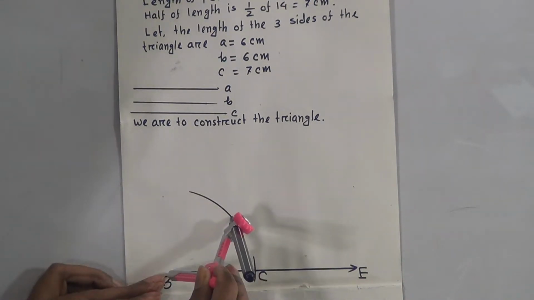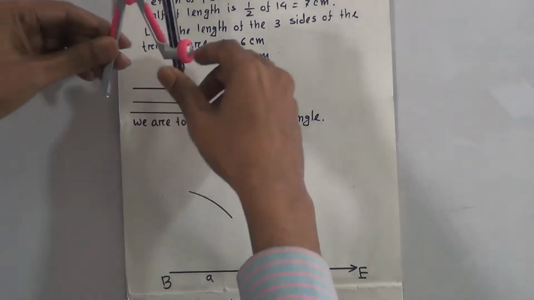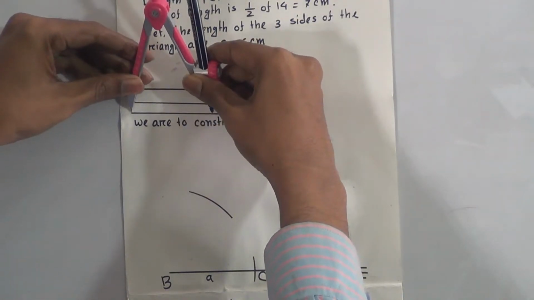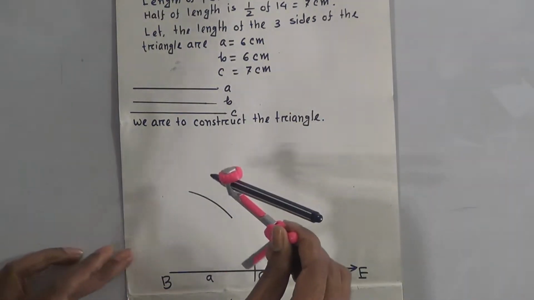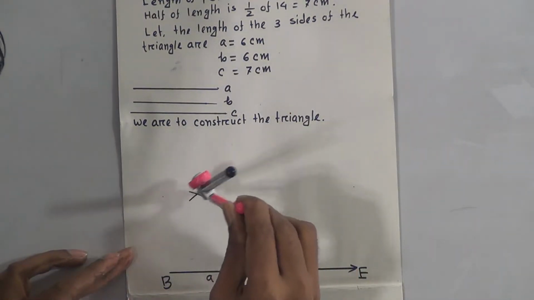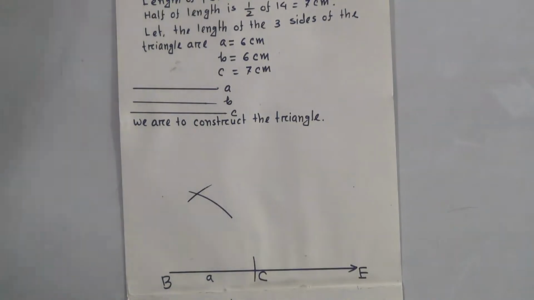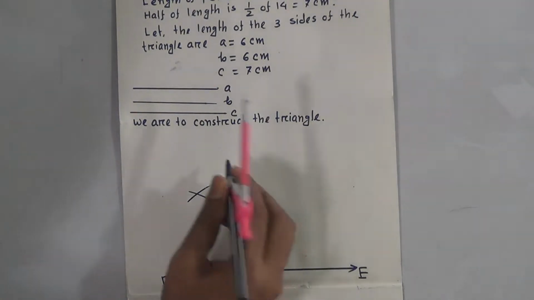You see like this way, and this is the 7 centimeter. Okay, and these two arcs intersect at the point A.